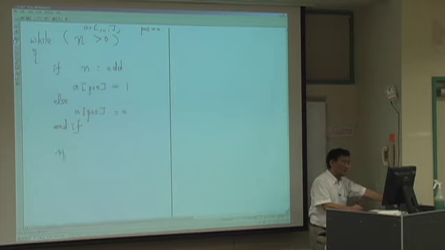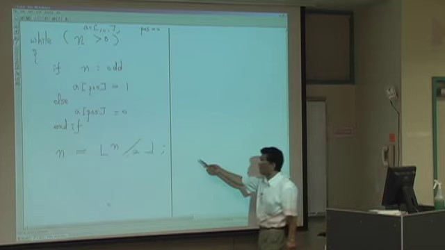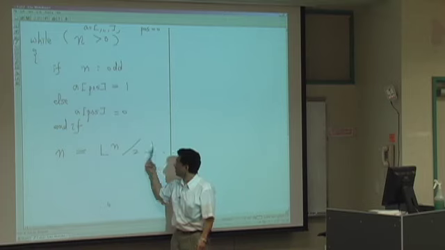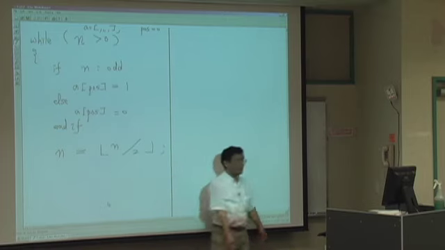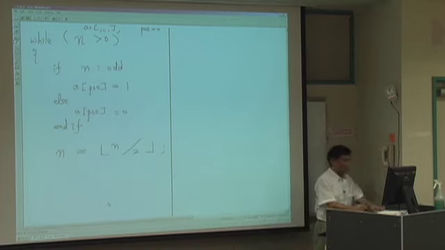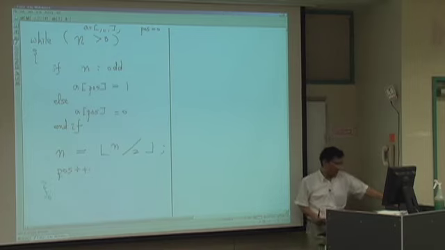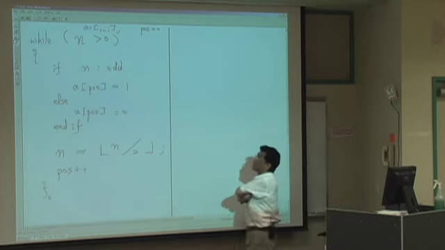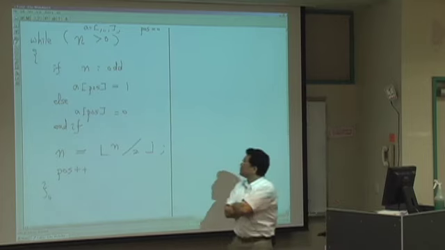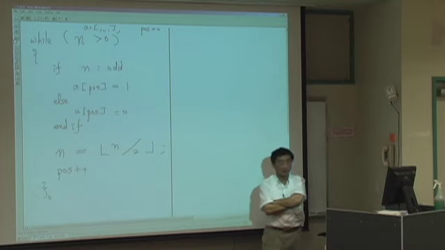And afterwards, we can replace n by n over 2. This means either the floor function or the integer part that can handle n. Then we increase the position. This means position plus 1. Then essentially it's done. So by doing it, you create A0, right?